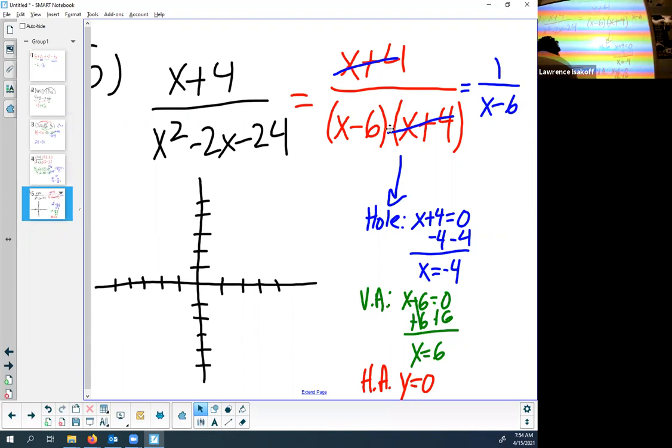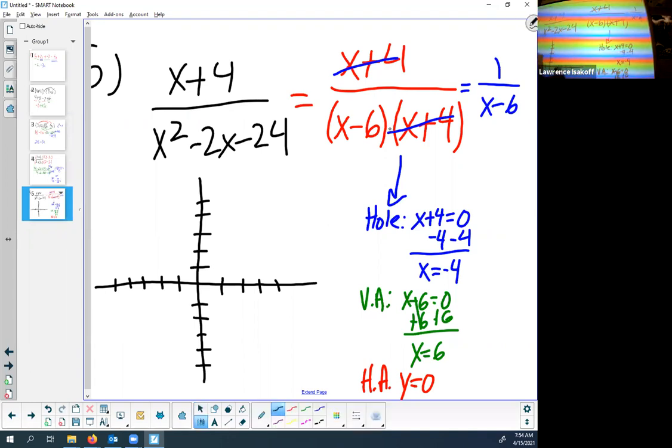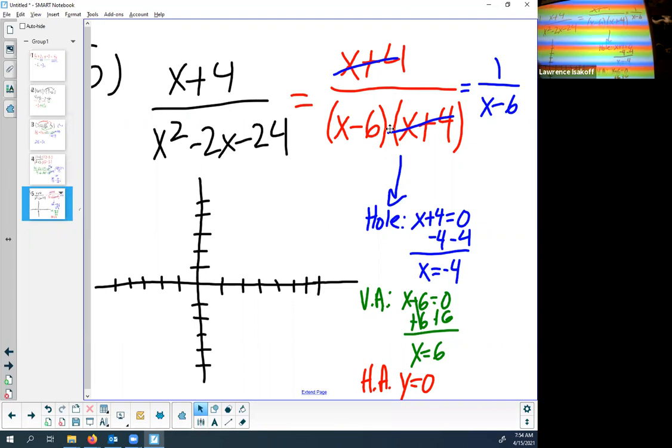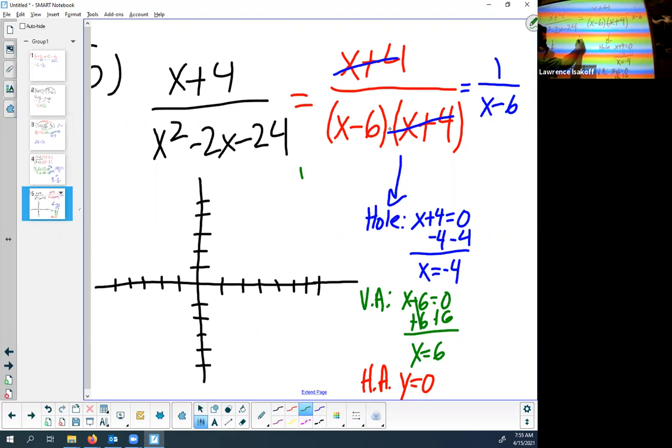Well, I need to go all the way to 6 here. 1, 2, 3, 4, 5, 6. So my vertical asymptote is at x equals 6. 1, 2, 3, 4, 5, 6. So I'm just going to draw a dashed line here. And my horizontal is the x-axis.